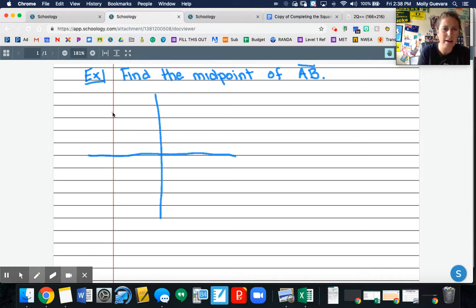So here's my graph. Remember that point A is at the point -3, 4. And then point B is at the point 5, 2. And there's my line. I want to find the midpoint. What's the exact middle of this line?